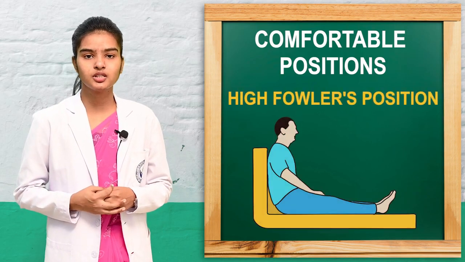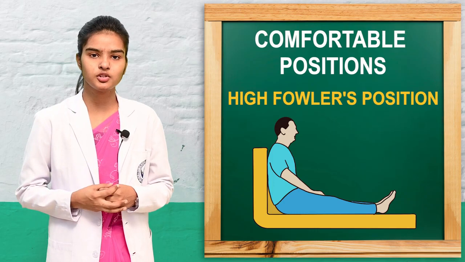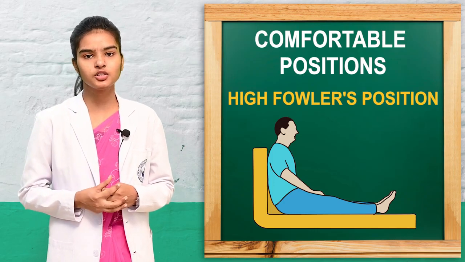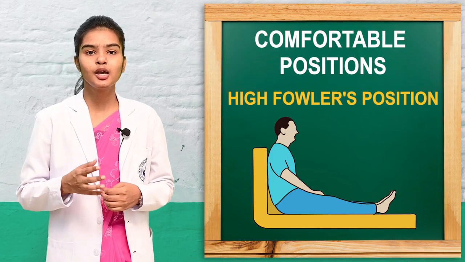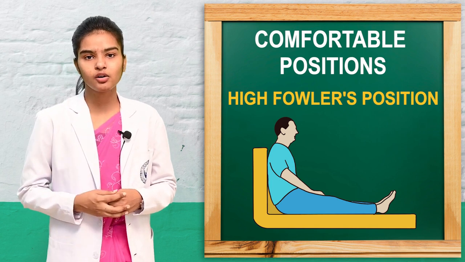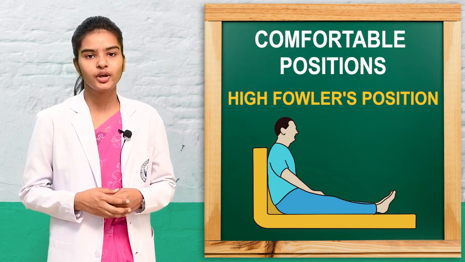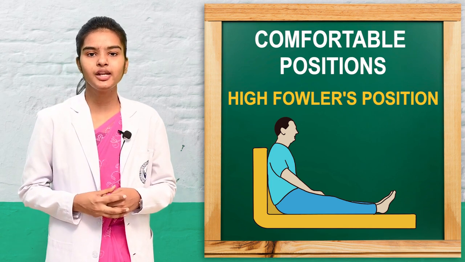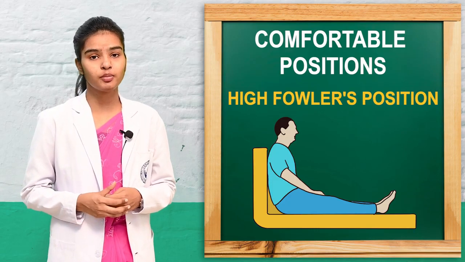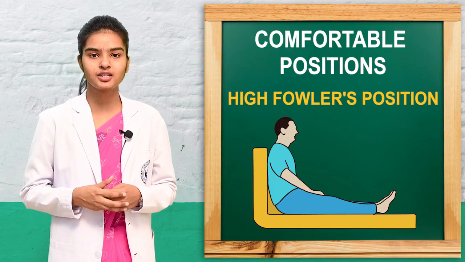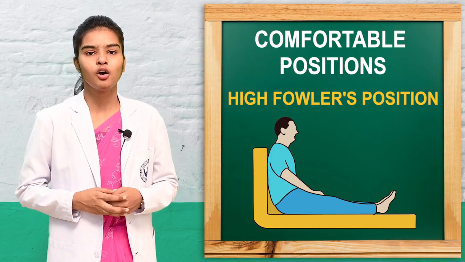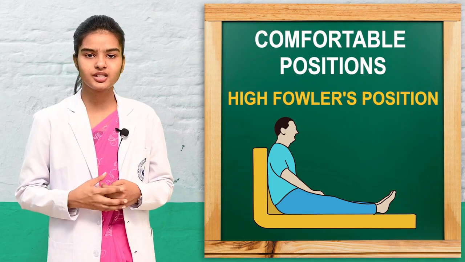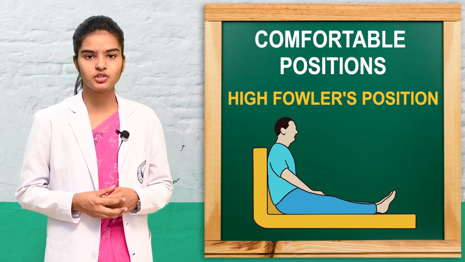Next we are moving towards the high Fowler's position. High Fowler's position describes the increment in the degree of the semi-Fowler's position, where the client is asked to normally lie down on the bed in the supine position, but the head is raised to a high level, or it may get extended towards 90 degrees.